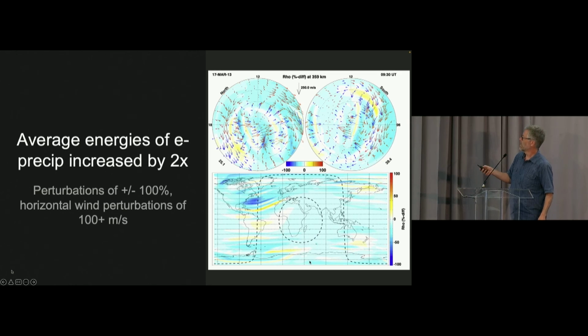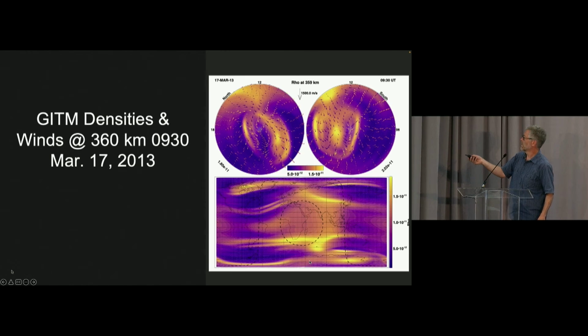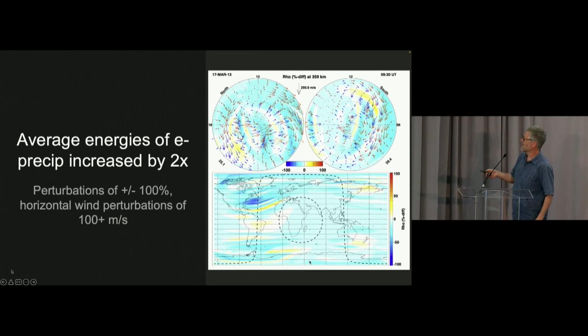I'm going to be showing plots at this time. It's only a few plots, so it's not a full-on talk, just some plots. The first thing that we did is we doubled the average energy of the electron precipitation.